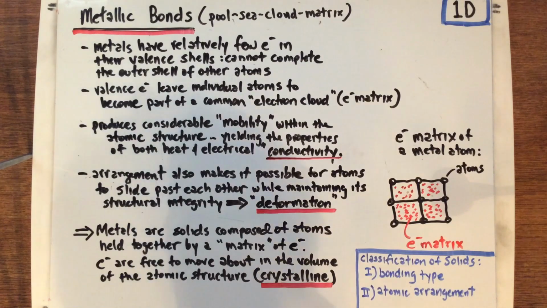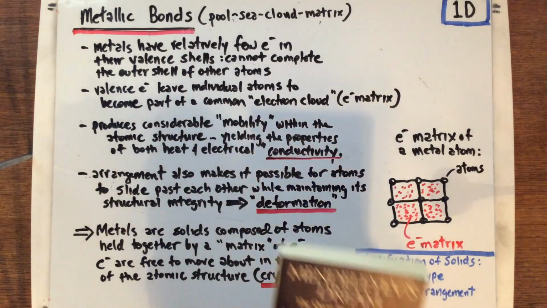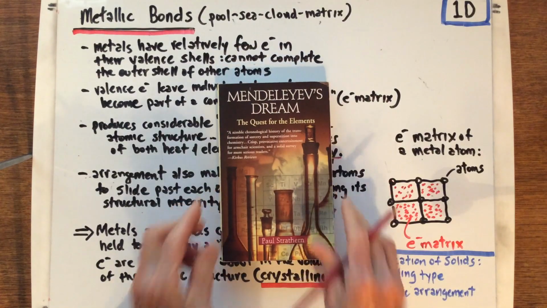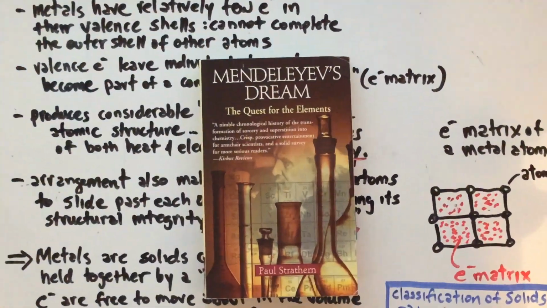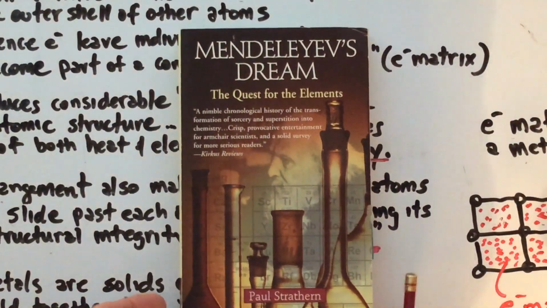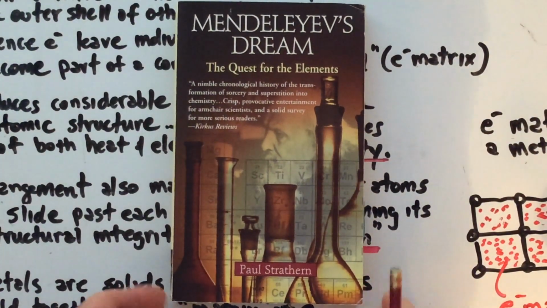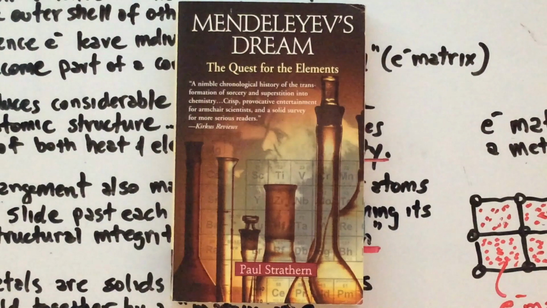And last thing I wanted to share with you right quick, we were talking about Mendeleev yesterday, and I wanted to show you this book that I have that is a quite fascinating read. It's called Mendeleev's Dream: The Quest for the Elements, about the discovery of the periodic table of elements.